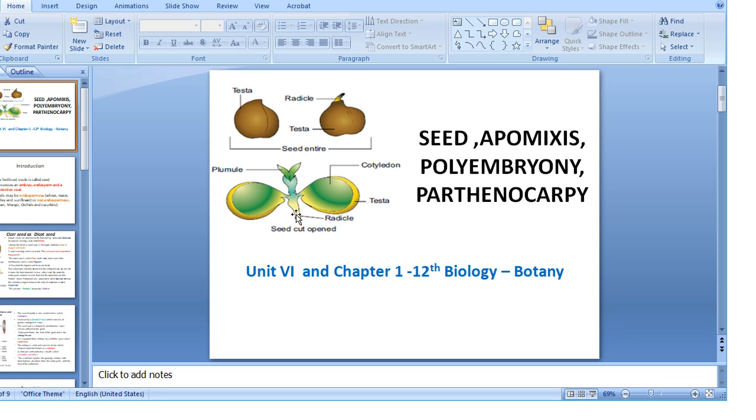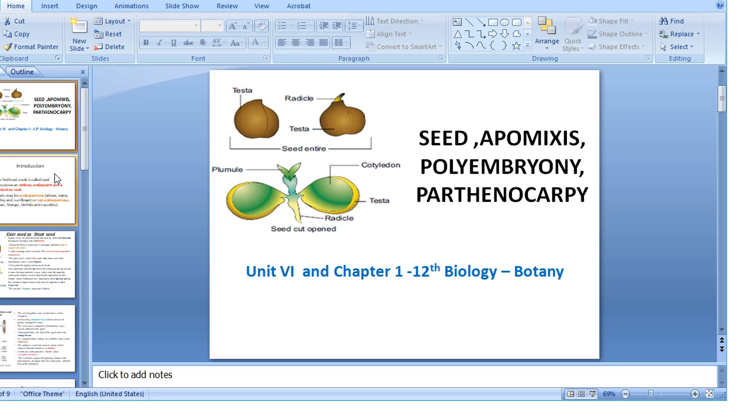So you have to know what the radicle, the plumule and the testa are. The layer separating the cotyledon from the endosperm is called the testa. These are all the basic information you should know about the seed.